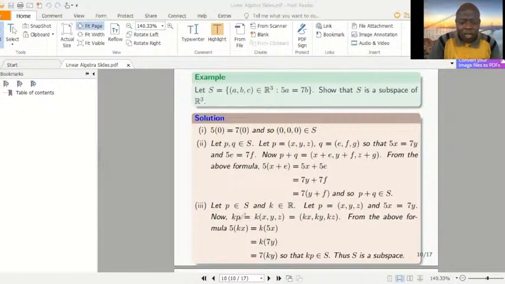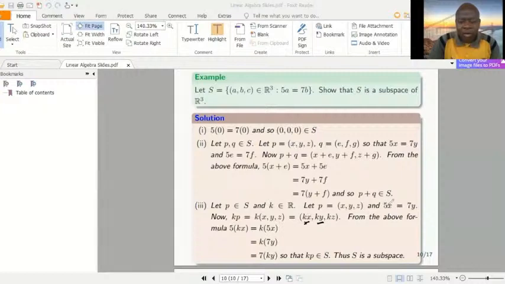So what will be the product KP? The scalar times this vector will give me Kx, Ky, Kz. Now what I want to show is that 5 times this first element gives me 7 times this second element. Let me show that. I just pick the first element and multiply by 5. Then, using associativity and commutativity, I'll have K times 5x.